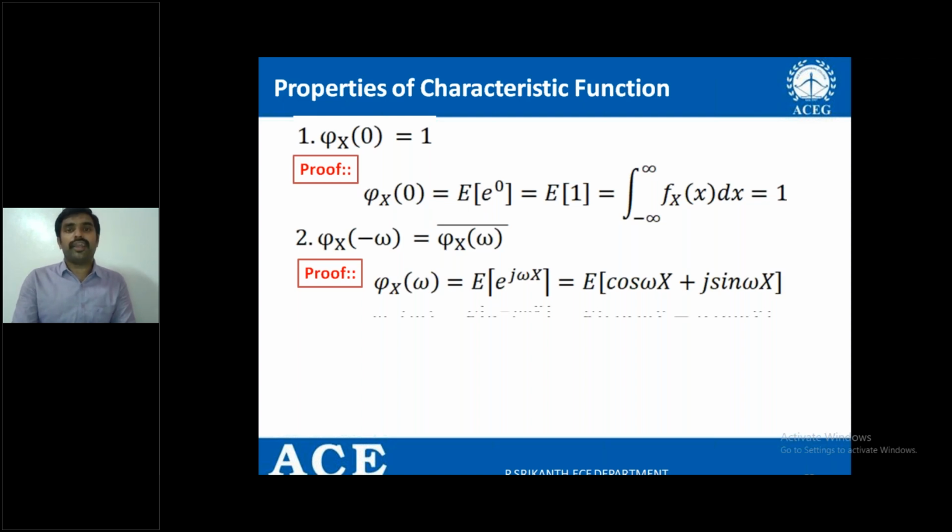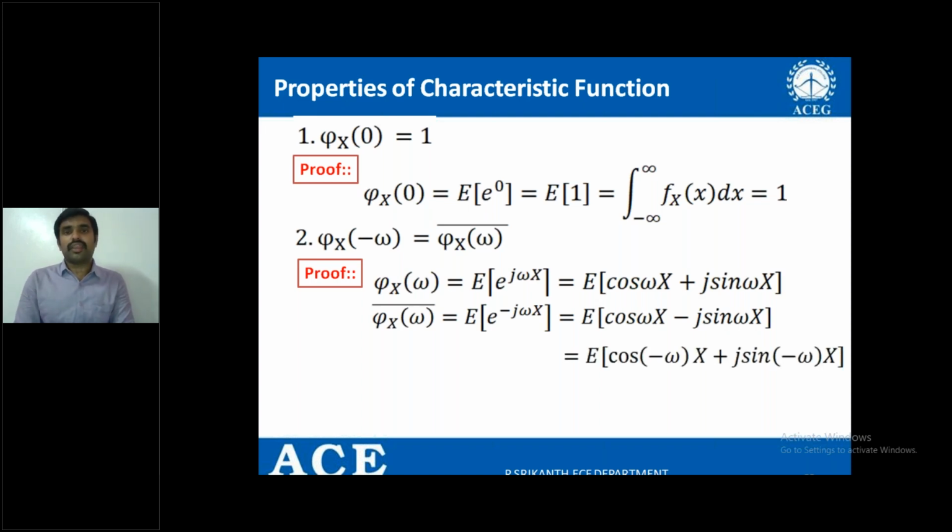Now I take pi x of omega bar. Since it is the complex conjugate, the term e power j omega x becomes e power minus j omega x. Therefore the expectation of e power minus j omega x equals the expectation of cos omega x minus j sin omega x.